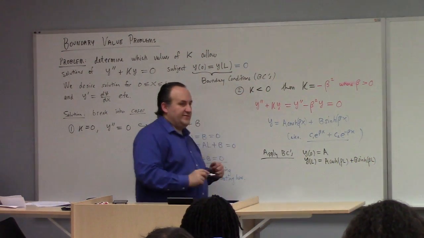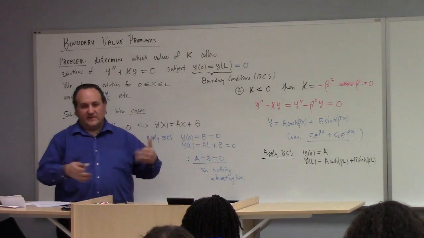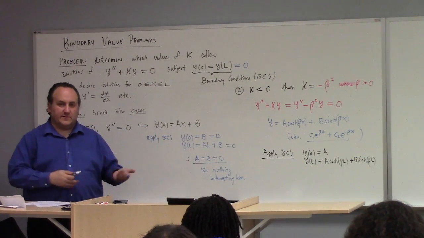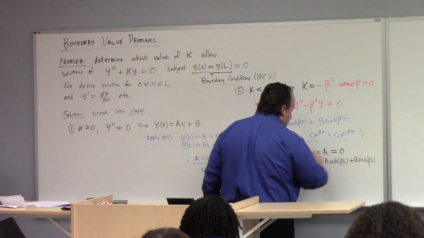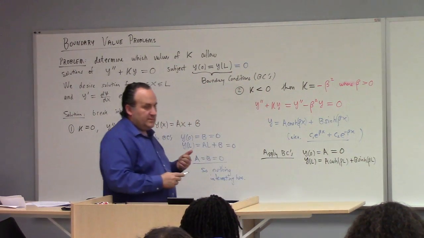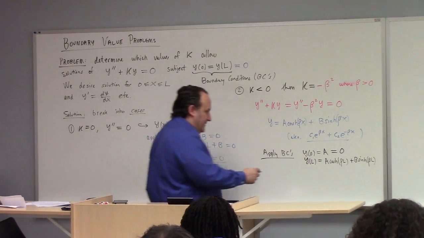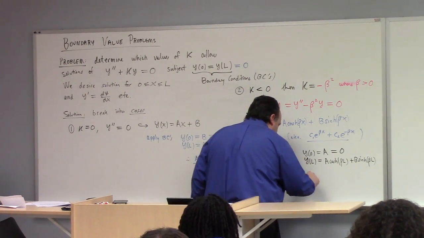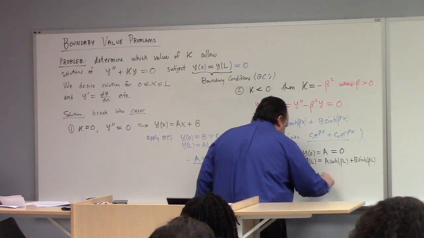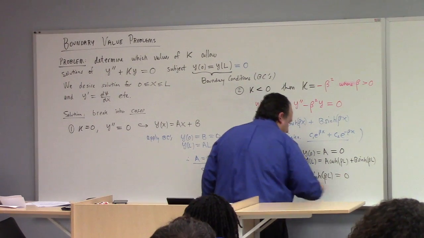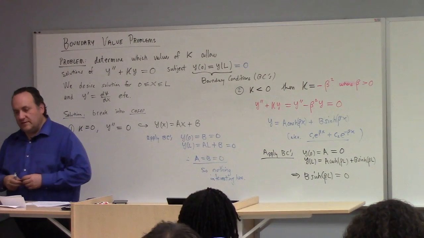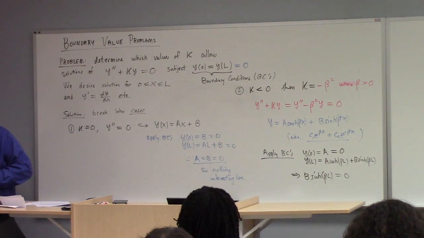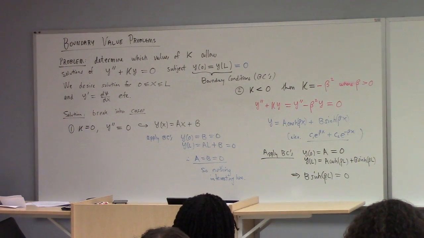Now the reason I know that y of 0 is just a is because sinh of 0 is 0 and cosh of 0 is 1, which is why I used cosh and sinh here. So we have a is equal to 0 from the first one, which then tells me that b times the sinh of beta L is equal to 0. Now sinh is an increasing function everywhere because its derivative is cosh, and cosh is greater than or equal to 1.